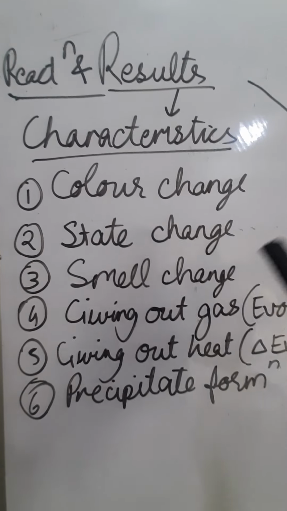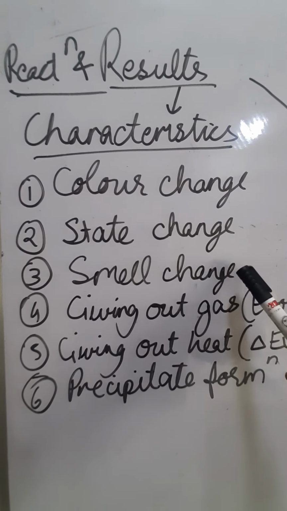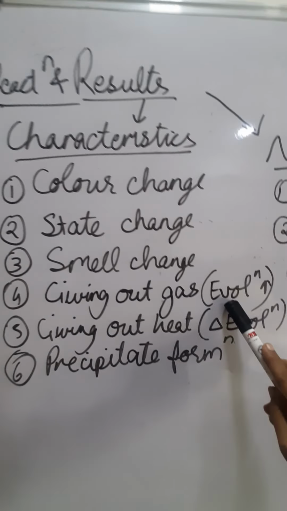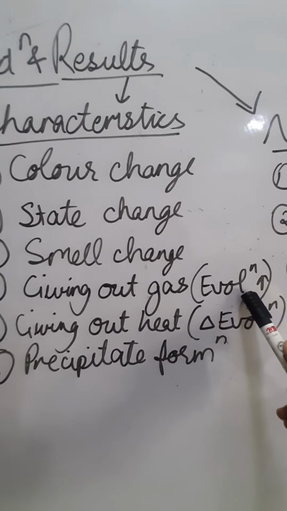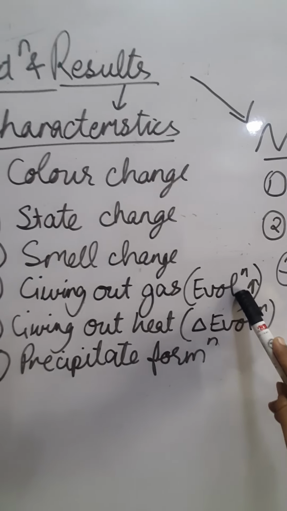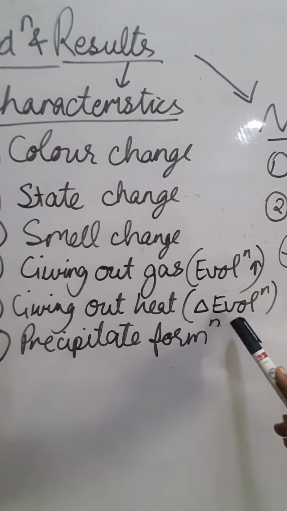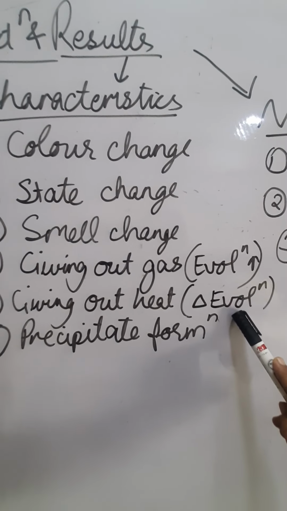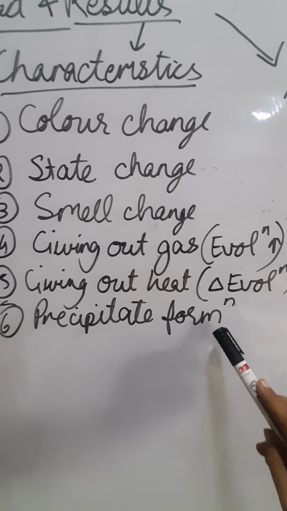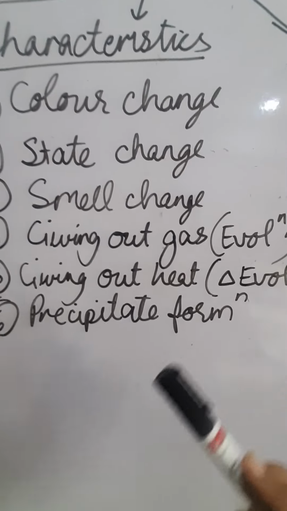Smell change: the gas evolved can have a different smell from what the reactant had. Then evolution of gases like carbon dioxide, sulfur dioxide, and oxygen can be given out. Then evolution of heat, which is an exothermic reaction, and precipitate formation, like silver chloride precipitate can be formed in the reaction.